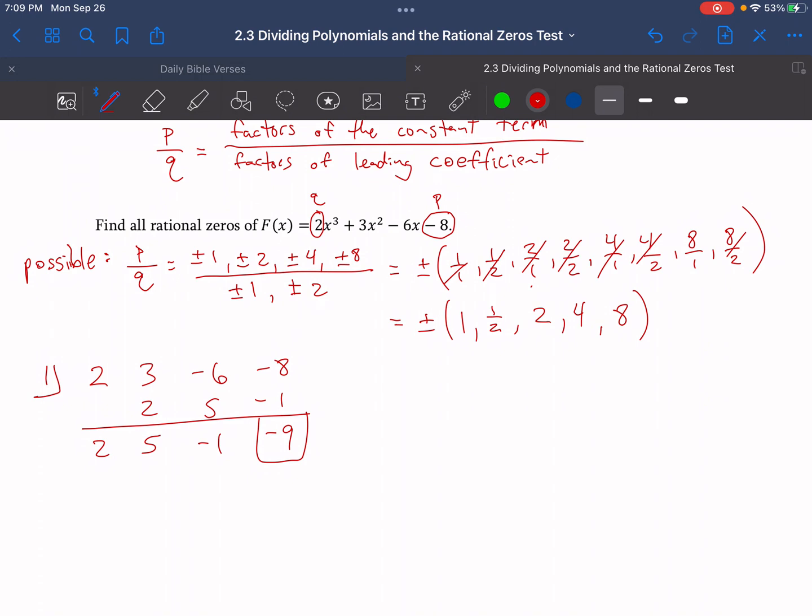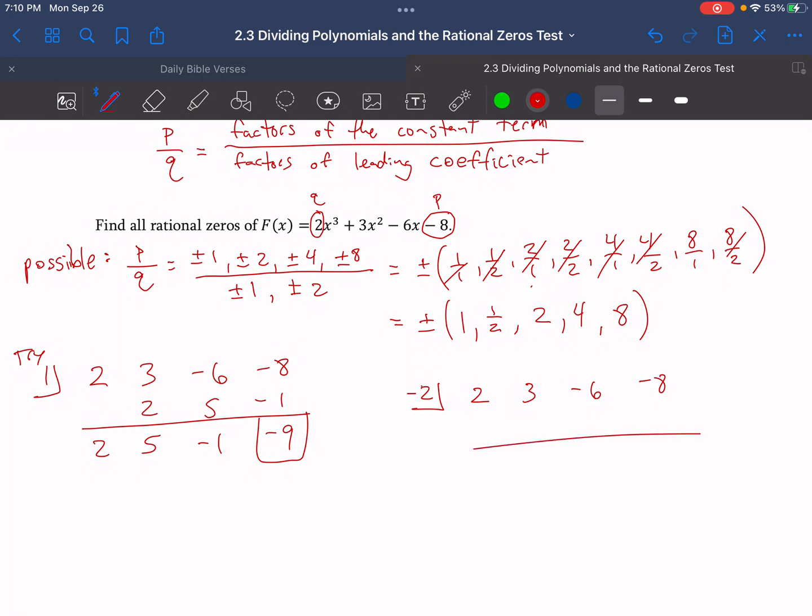And so then you'd move to the next one and try that one. And then you could try -1 or try 1/2 and then try -1/2. And you keep trying them until you find one that works. It turns out if you keep trying them, you'll find that -2 will work. So let's show you that one real quick. 2, 3, -6, -8.